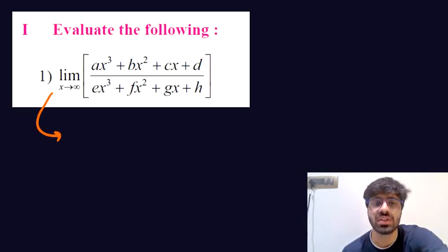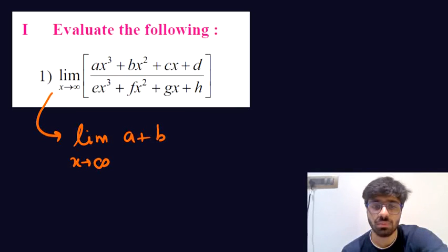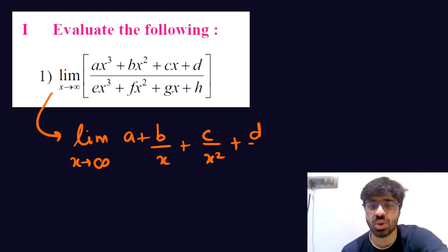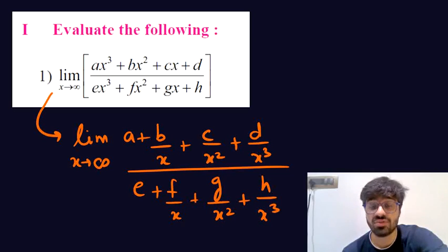With that understanding you can evaluate this expression. So you will say this is limit of x tends to infinity. Let's divide the numerator and denominator, both of them, by x cube. When you do that, the numerator becomes a plus b upon x plus c upon x square plus d upon x cube, divided by e plus f upon x plus g upon x square plus h upon x cube. We just said that if the denominator is very large, the value of that particular expression will be very small.